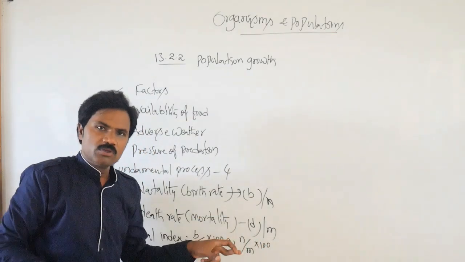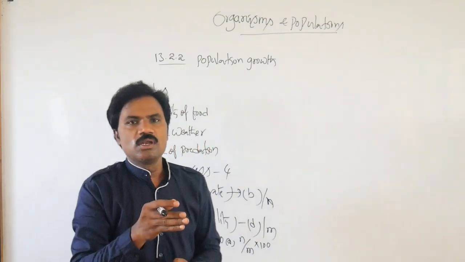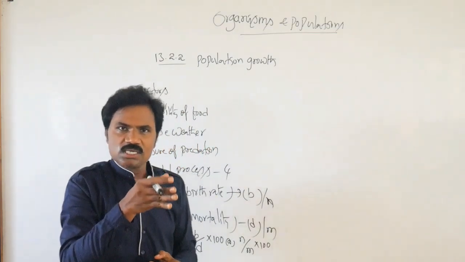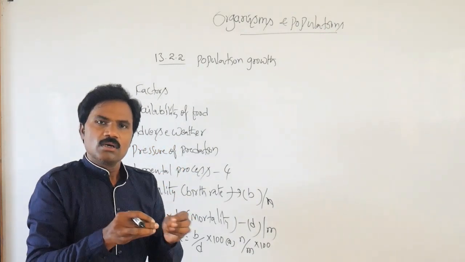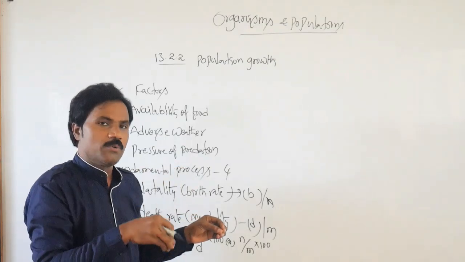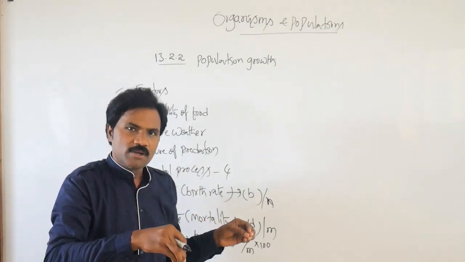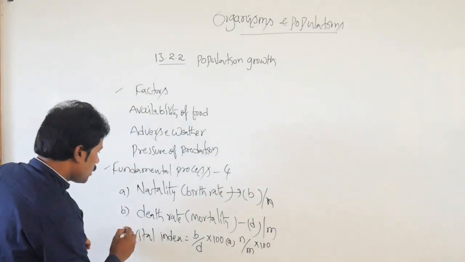Then it represents the vital index. Then only the size of the population can be represented with the help of vital index in a specific period of time in a population. That is most important.